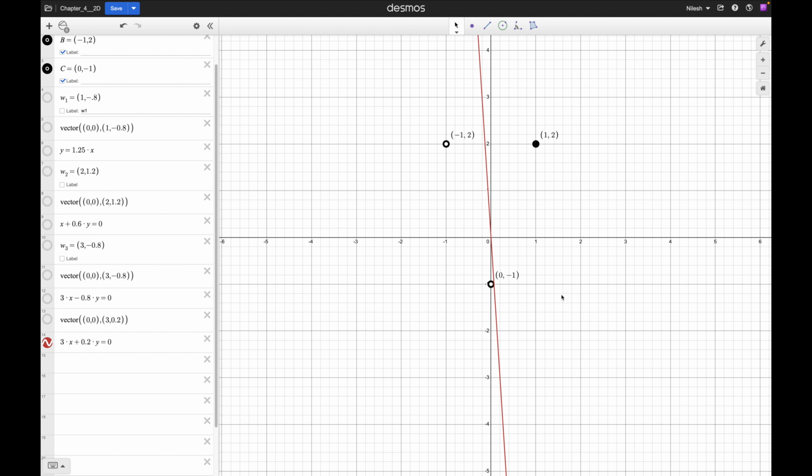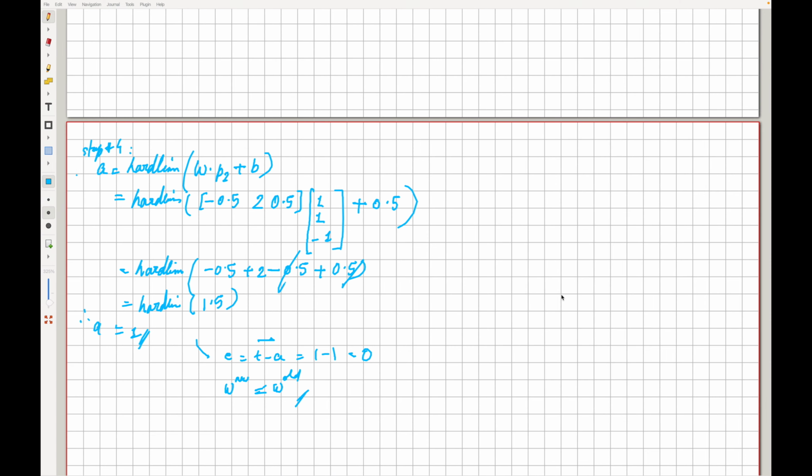So the take home message from this lesson is that when we train a perceptron, we continually update the value of W. And how do we update the value of W? Based on the error, so how far we are from the target.